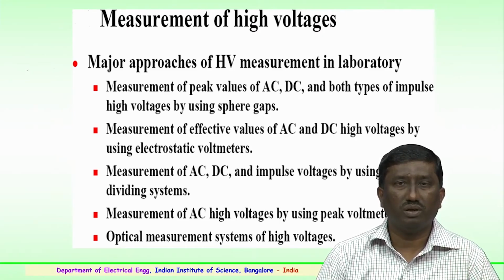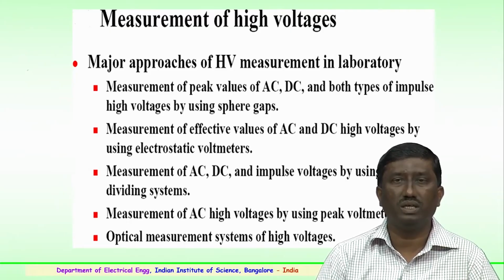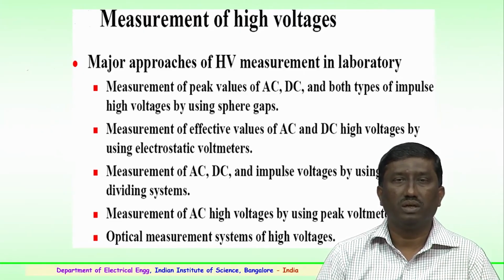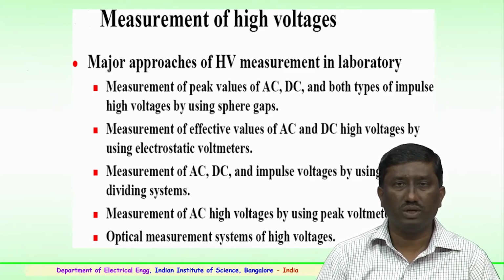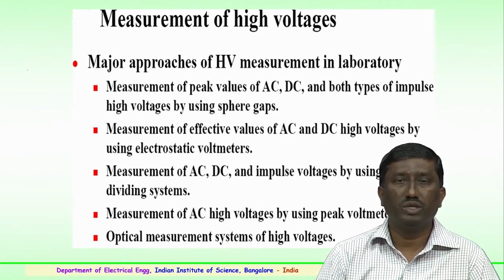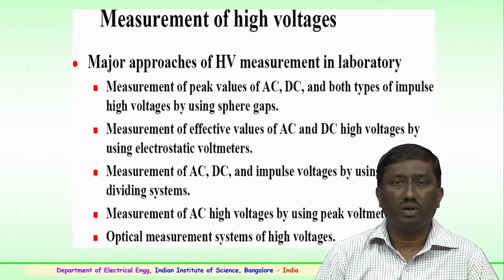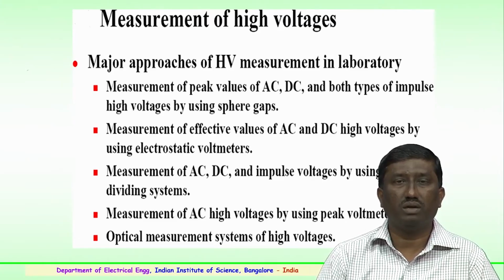Measurement of peak values, of high voltage AC, HVDC or both types of impulse voltages, could be done by the use of a sphere gap arrangement. The measurement of effective values of HVAC and HVDC is done by using electrostatic voltmeters.